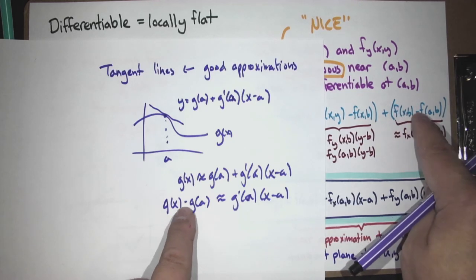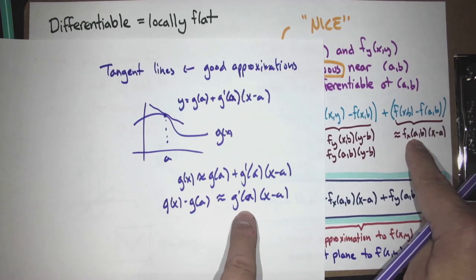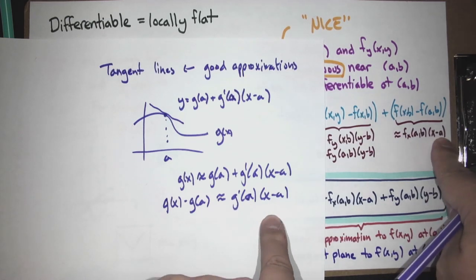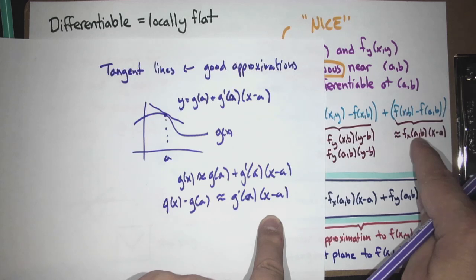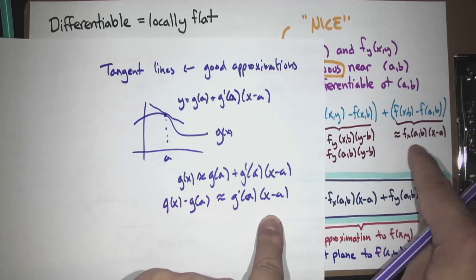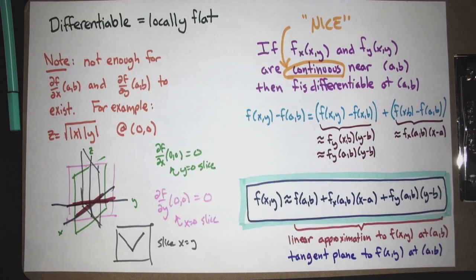So this is tangent lines. This just says that in the slice, the tangent line is a good approximation. That's the spirit of it.